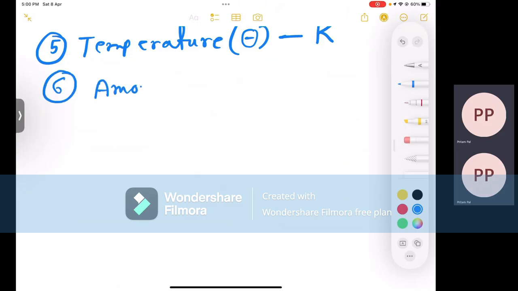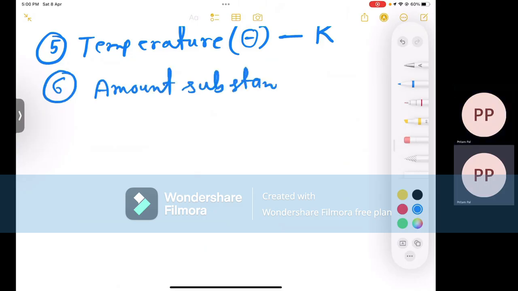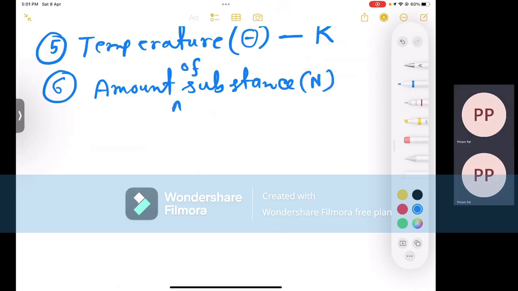It's like amount of substance, whose unit is mole.